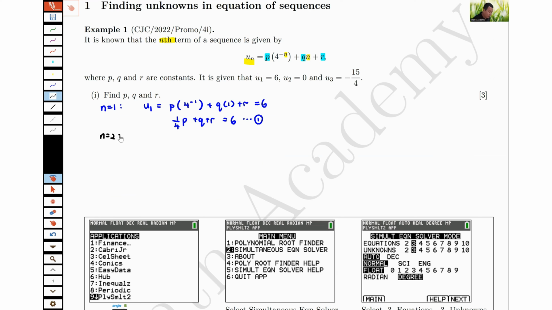The second equation that we have will be for U2. So U2 means you would like to substitute your n value to be 2. U2 is 0. We rearrange our equation.